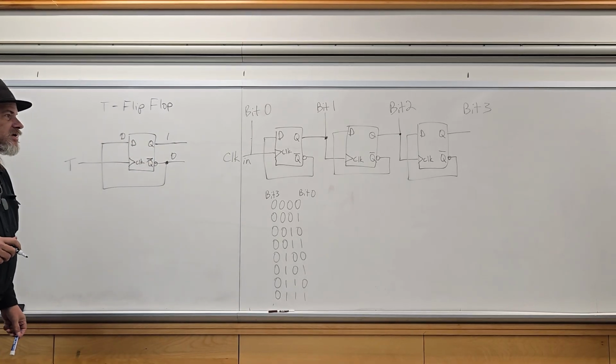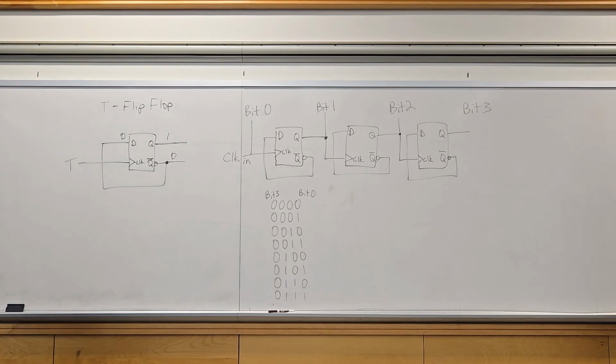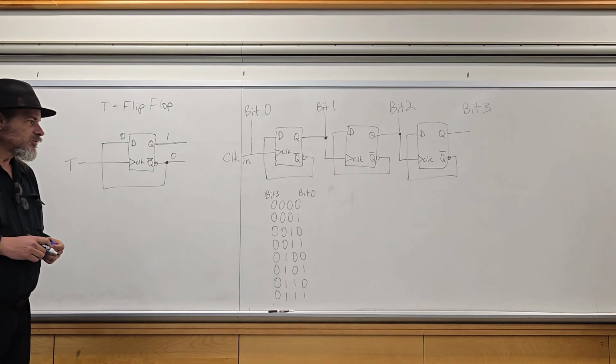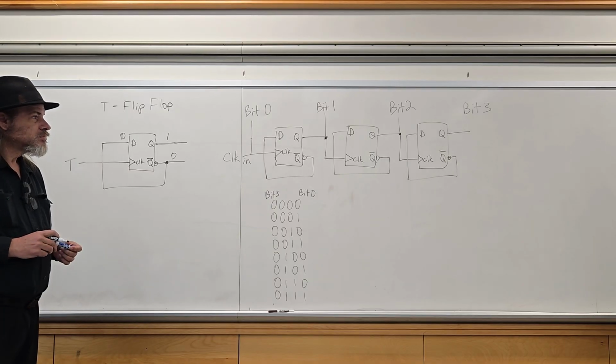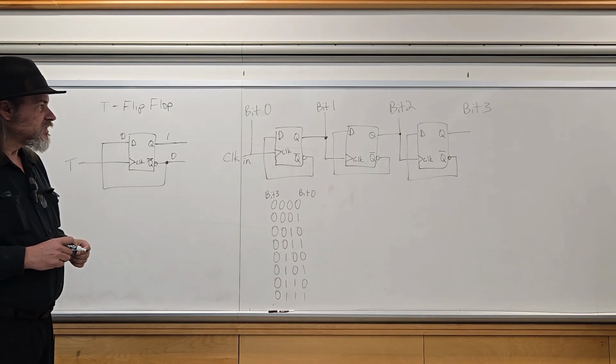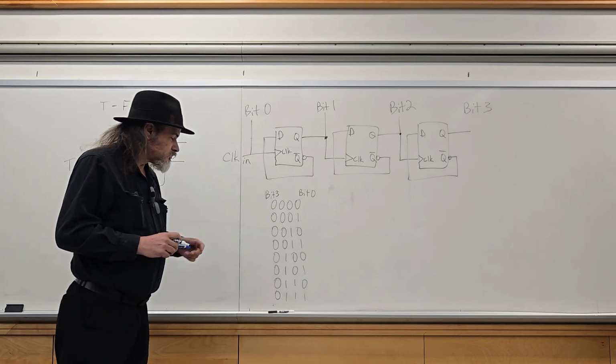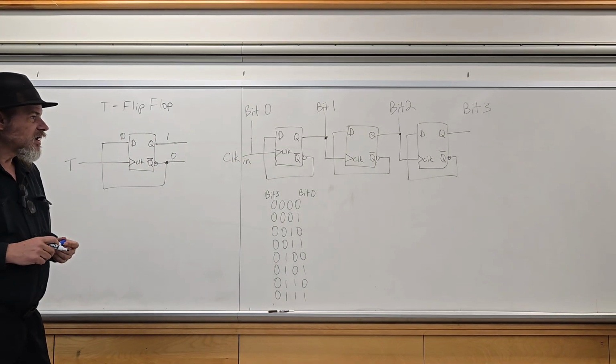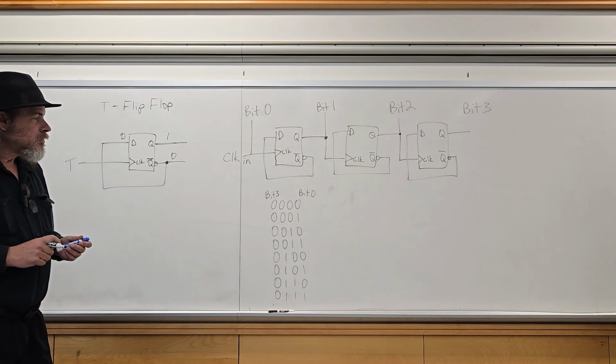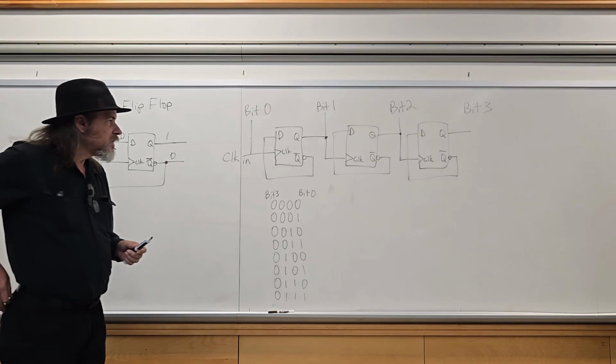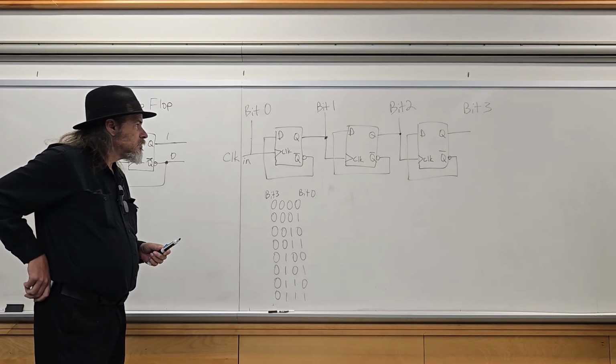So in this case, it would only count up to 15 and then recycle to 0 with the stages here.